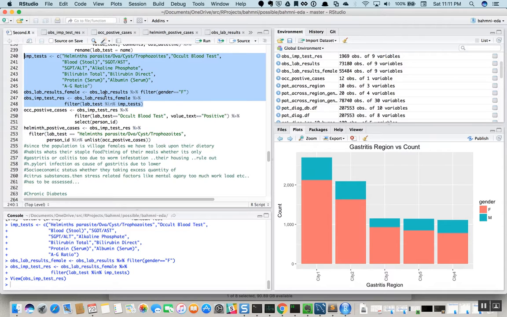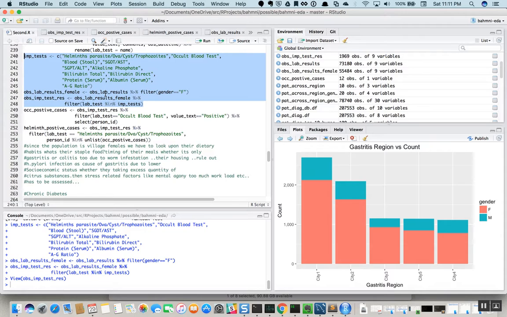We may also have to look, purely from a socio-economic status, at whether taking excess quantities of citrus substances might be a reason why a lot of females have this issue. Also, any stress, mental agony or too much workload, there could be a lot of things.